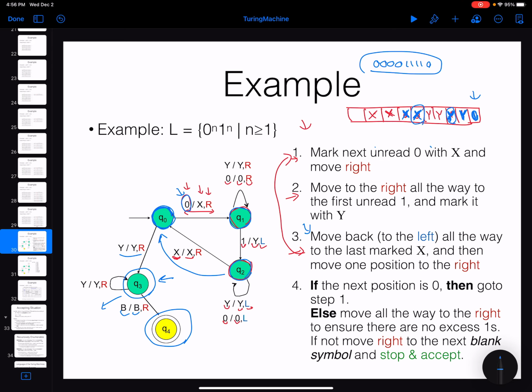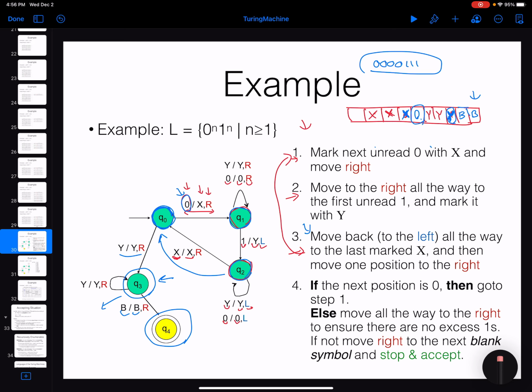So if there were more zeros, a situation like this, where the number of zeros is more than the number of ones, what would happen?